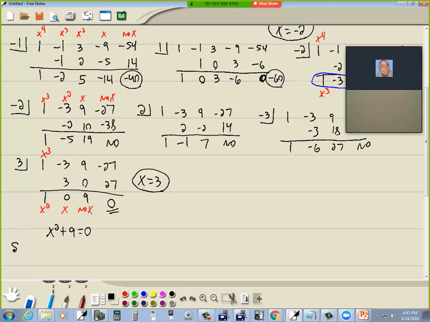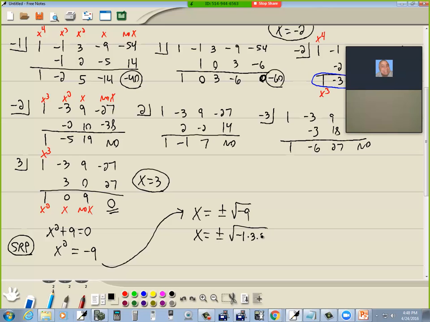For this one, the square root property would work really well, because we can move the 9 over and it becomes negative 9. The square root property says if you have something squared equal to something else, you drop the square and put a plus or minus square root on the other side. Negative 9 is negative 1 times 3 times 3.